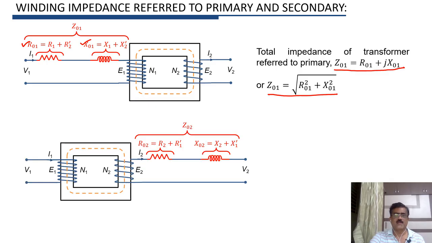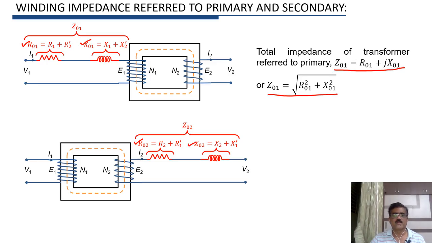Now similarly, if all the parameters are transferred to secondary, we get total resistance of transformer referred to secondary, that is R02, and total leakage reactance referred to secondary, that is X02.